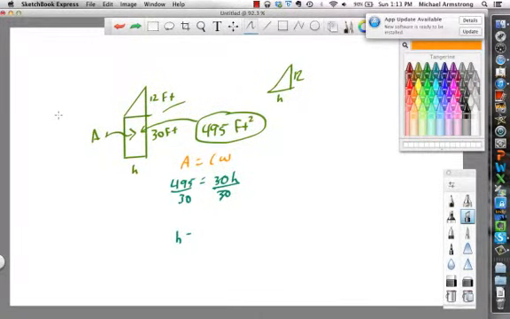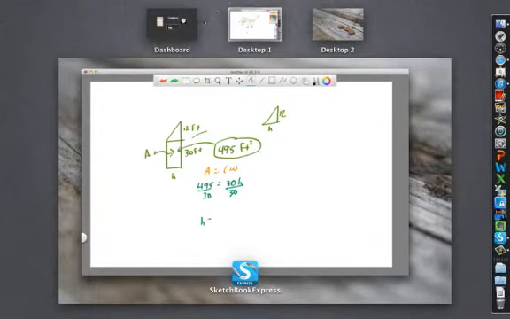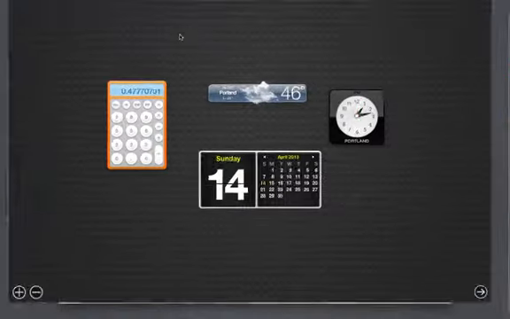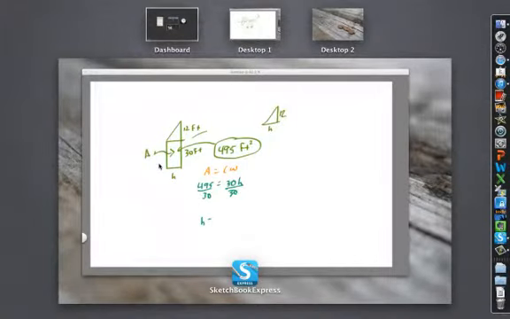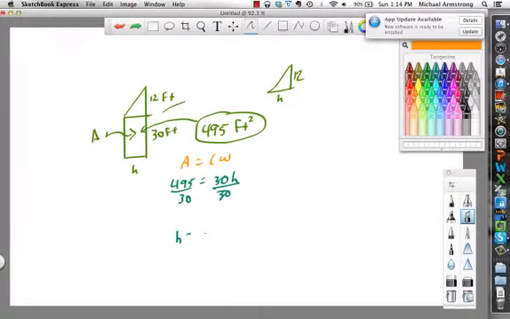Okay, as close as I can get. All right, so we're going to go back to the calculator. It's 495 divided by 30. Clear. 495 divided by 30 equals 16.5. All right, so h is 16.5.